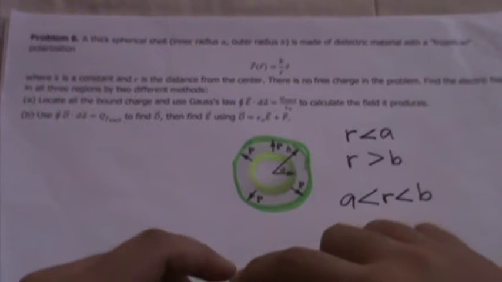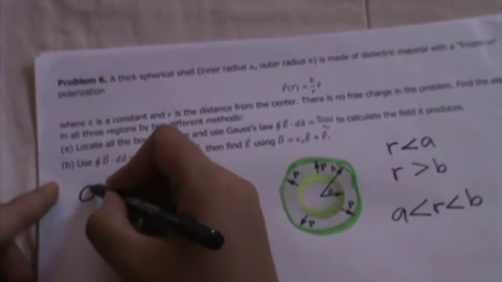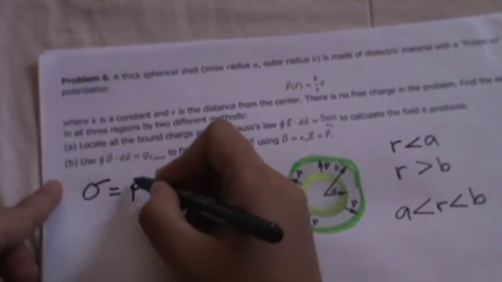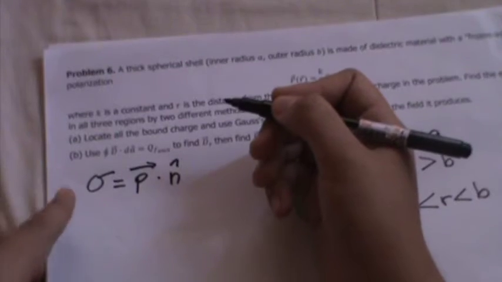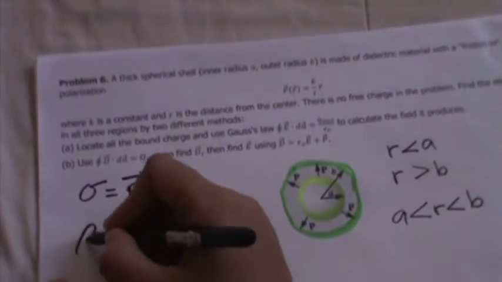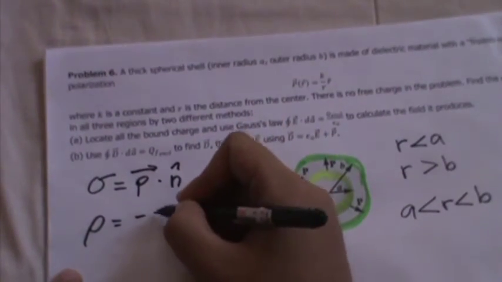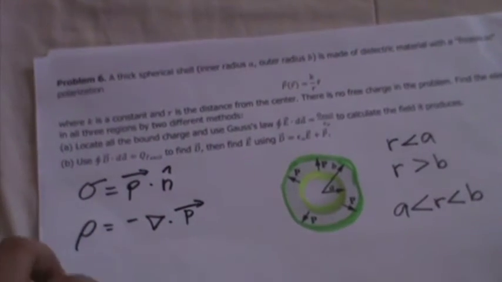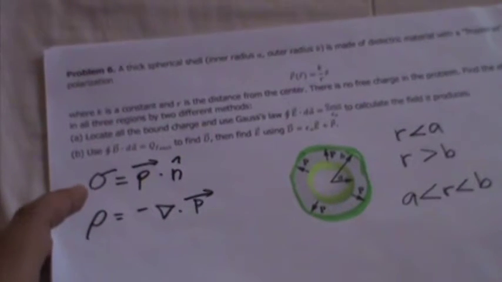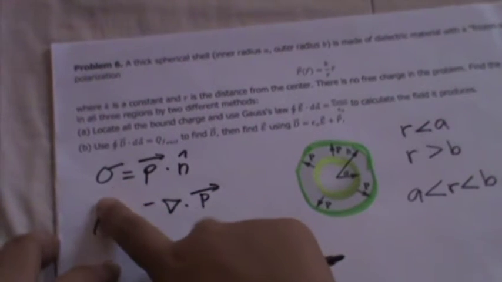We'll use the bound surface charge, which is this formula, as well as the bound volume charge, rho equals negative del operator dot vector P. And finally, we have conditions to consider in finding this symbol.